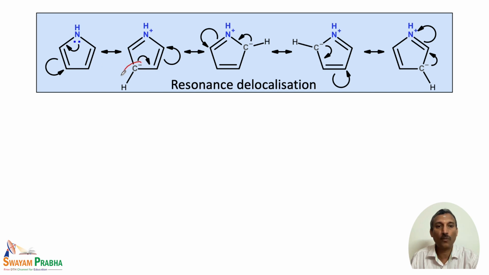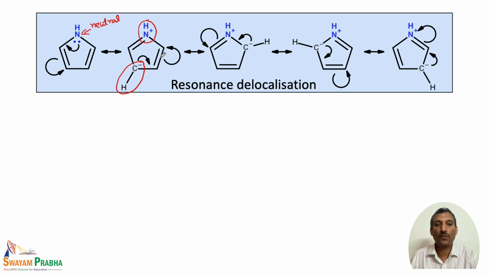So, this carbon atom now develops a negative charge, and this nitrogen is now having a positive charge. As we have seen earlier, the nitrogen heterocycles can have a positive, neutral or negative charge when they are present in the cyclic system. So, here we have a positive charge for nitrogen, and in this system we have a neutral nitrogen.